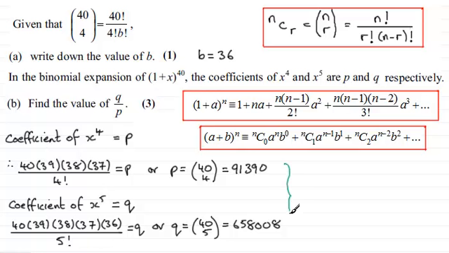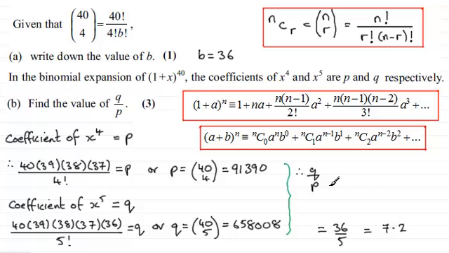Now it's very easy to work out what we require here, q divided by p. If you do q divided by p, in other words, this number divided by this number, you will find that you end up with 36 over 5, or 7.2.